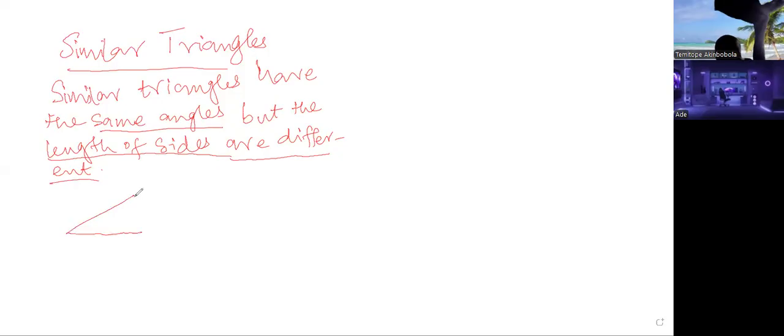Suppose you have this triangle A, B, and C. And this is angle A here. I'm going to use this symbol to tell you that the angles are different from each other.